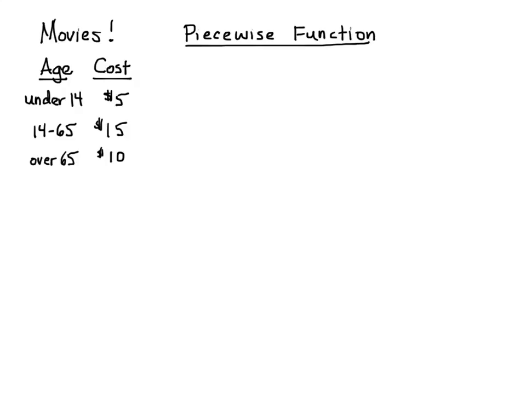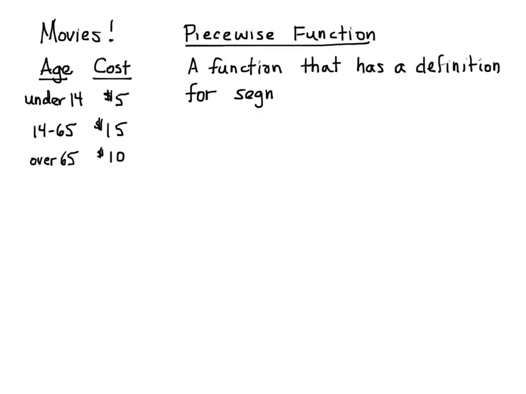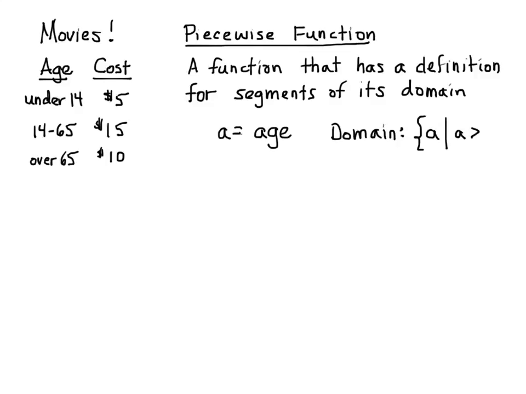Mathematically we call this a piecewise function. So probably a little bit more generally, a piecewise function is a function that has a definition, just like any other function, but this one has definitions that change depending on the segment of its domain. What I mean by that is that if a equals the age, then the domain of the whole function is going to be a such that a is greater than or equal to 0, right?